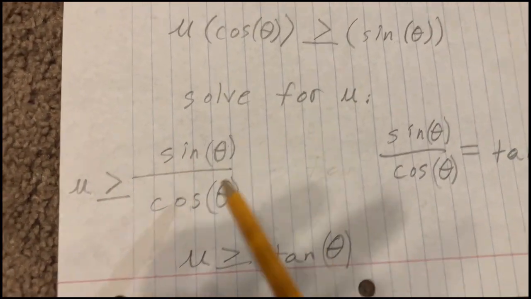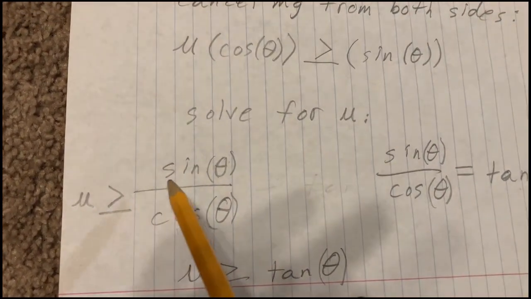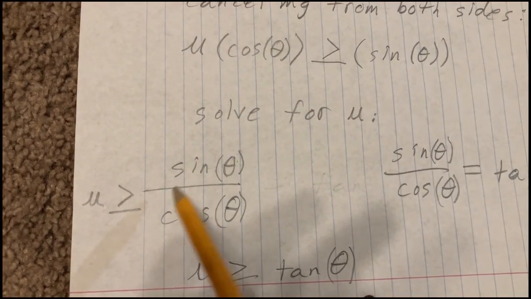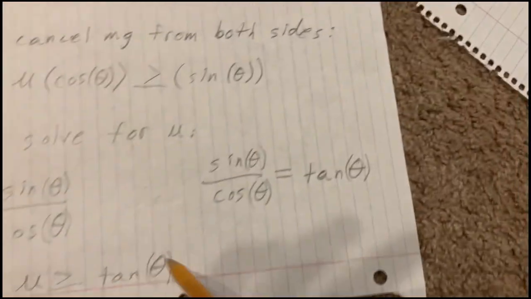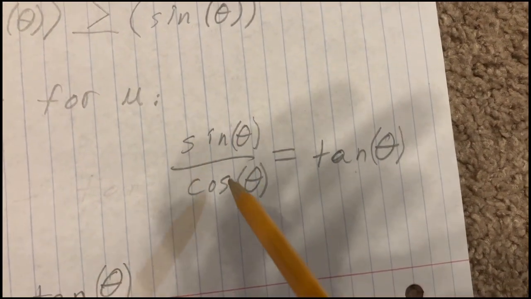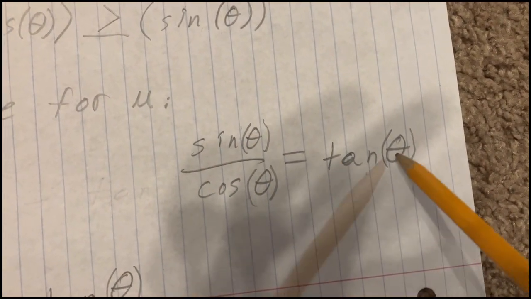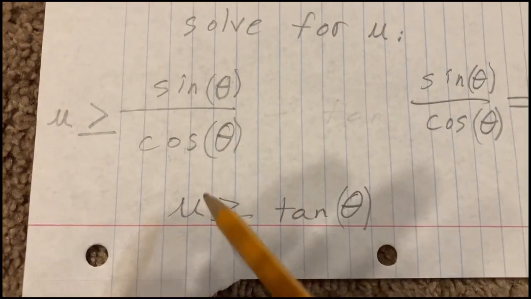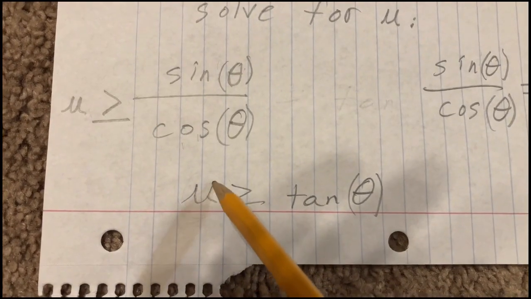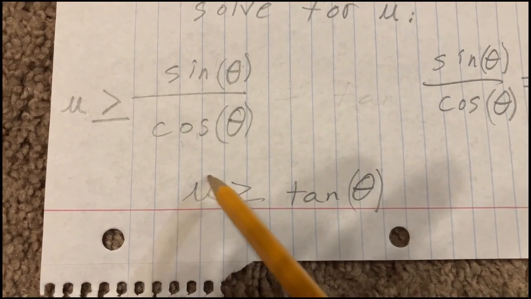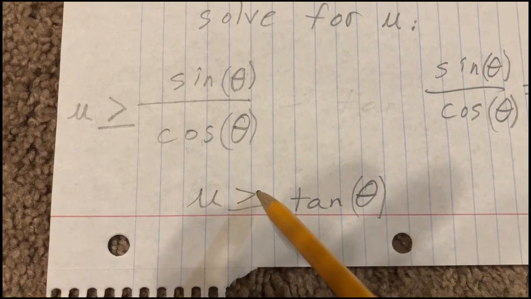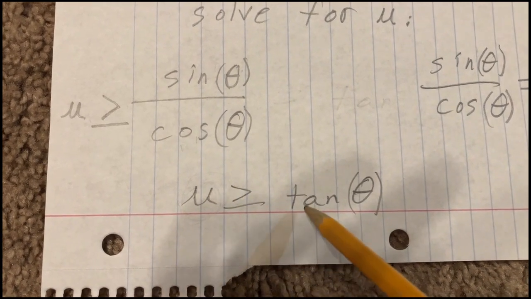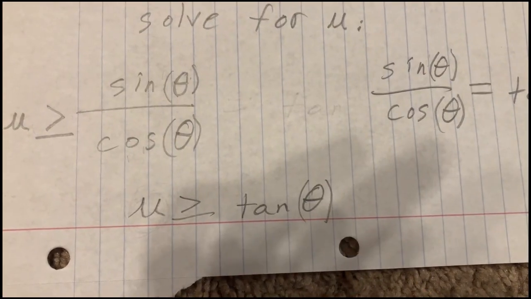And then we'll just solve for mu. So we get mu is greater than or equal to the sine of theta divided by cosine of theta. And we know that the sine of theta divided by cosine of theta is equal to tangent of theta. So therefore, mu is greater than or equal to the tangent of theta.